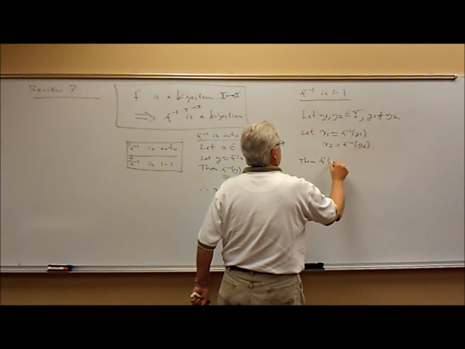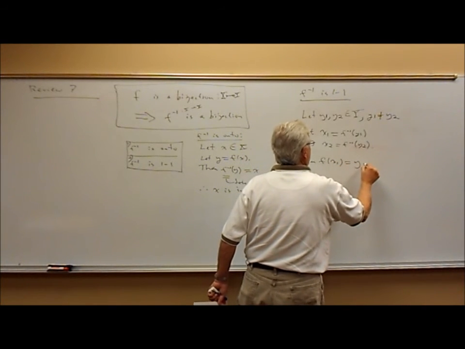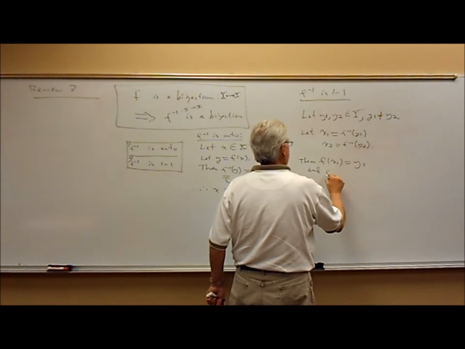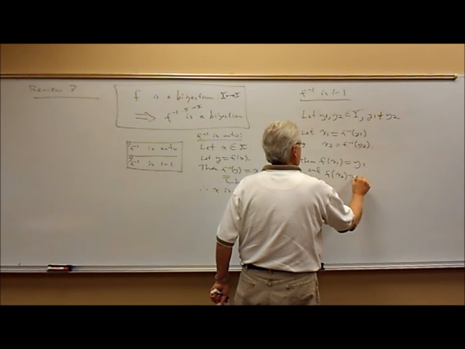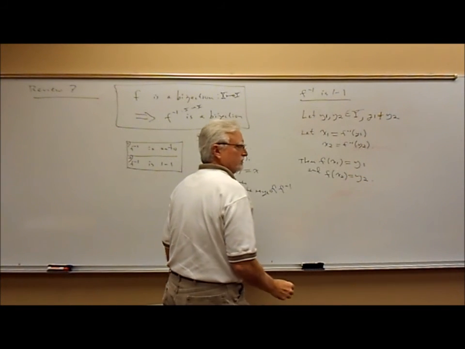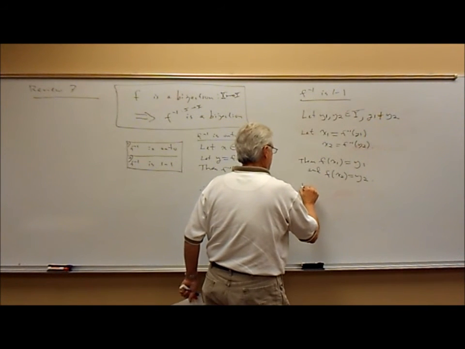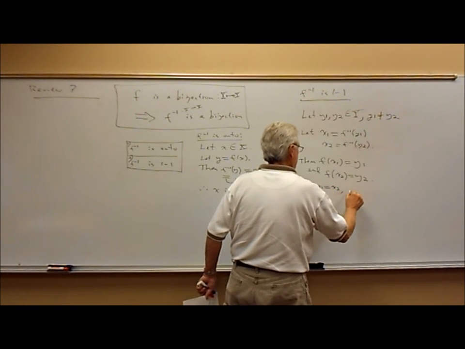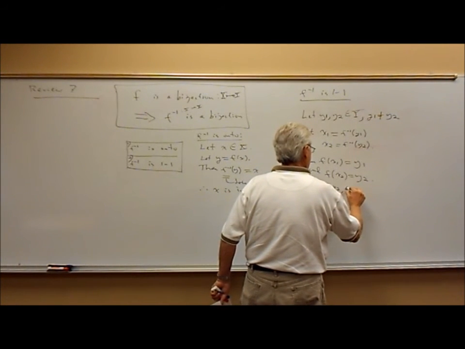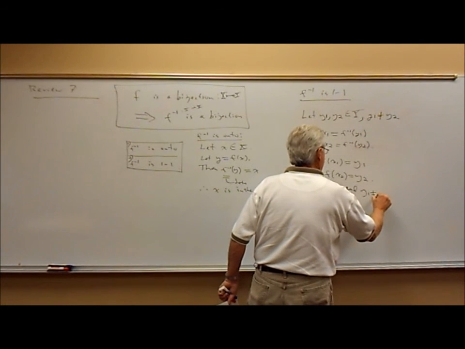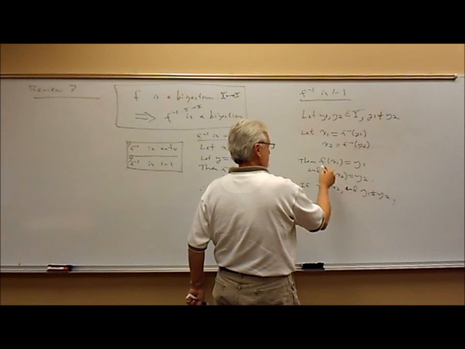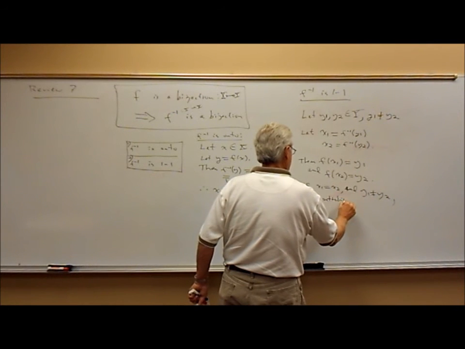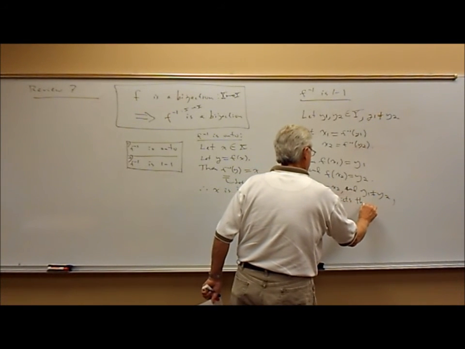We know that F maps x1 to y1 by definition of F inverse, and F maps x2 to y2. So if x1 were to be equal to x2, y1 is not equal to y2, this contradicts the definition of function.